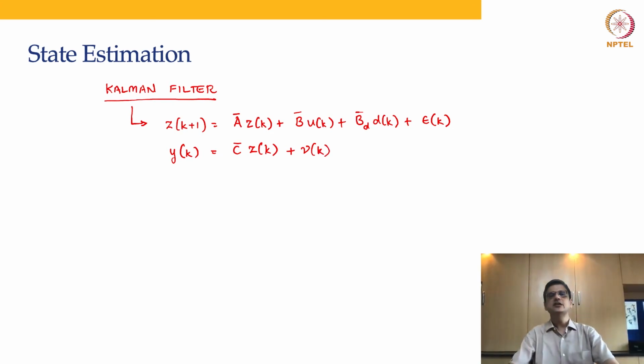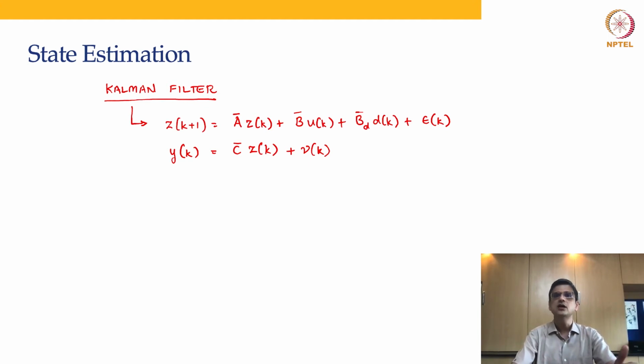Okay, this is the final form in which you should be able to write the Kalman filter. We have done all the state augmentations to ensure that the estimator equation gets into this form. Whether you are using a Kalman filter, an extended Kalman filter, or a moving horizon estimator, what you need to do is to get the final system in a form that looks like this. And how do we do that?